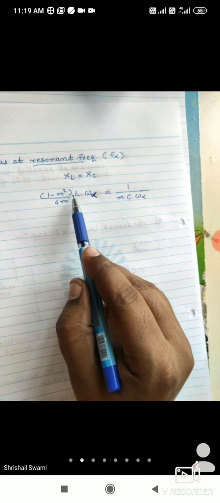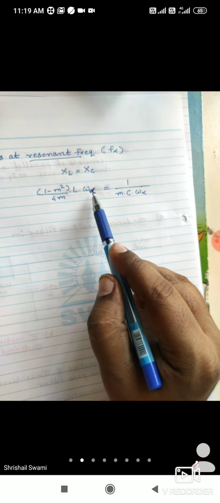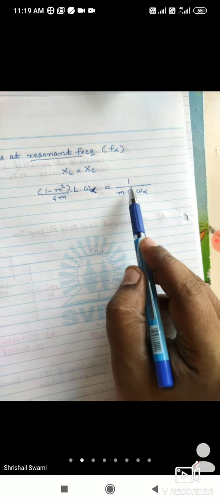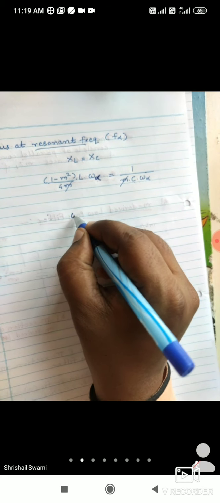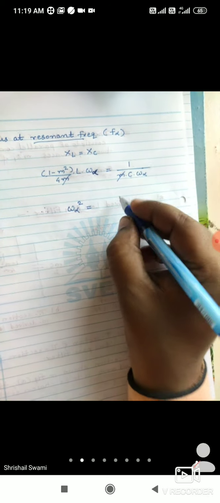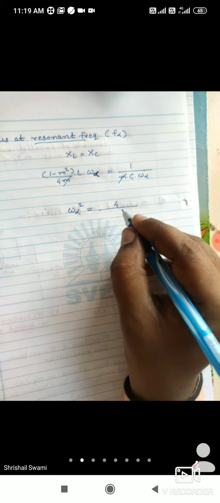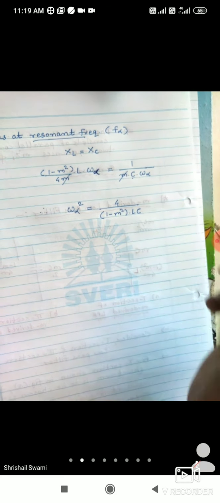That is 1 minus m square into L divided by 4m into omega alpha, where omega alpha is called the angular resonance frequency. Similarly XC is replaced by 1 upon m into C. As it is, you can take the component into omega alpha. So this m you can cancel. Omega alpha you can take to one side, that becomes omega alpha square. Omega alpha is already here, you can take this also to the left hand side. So is equal to, 4 goes to the right hand side, 4 divided by 1 minus m square into C already there, L will come here, into L into C.